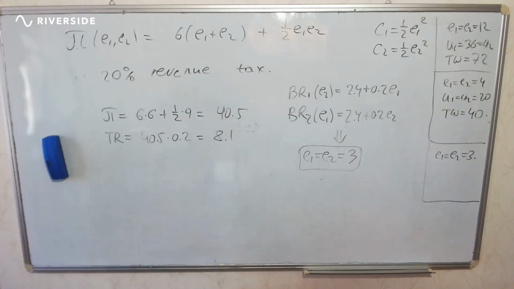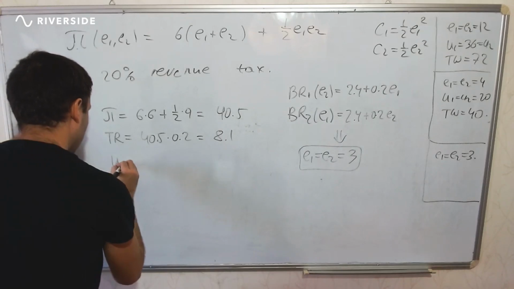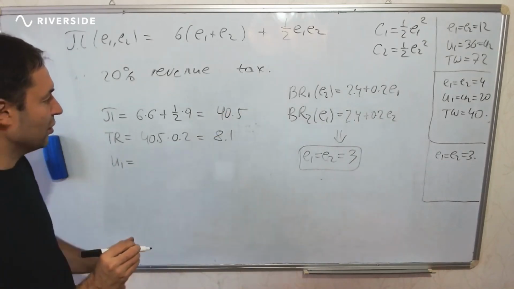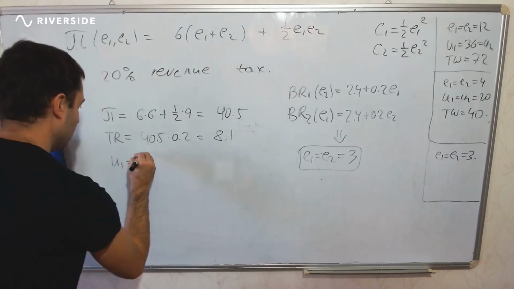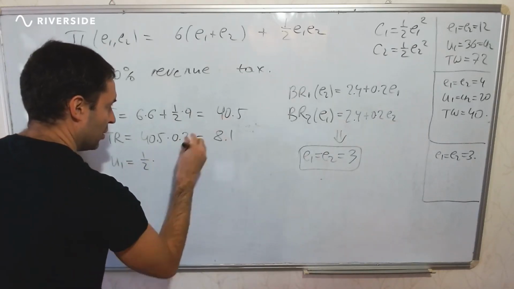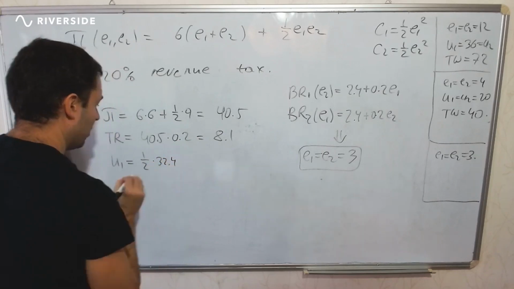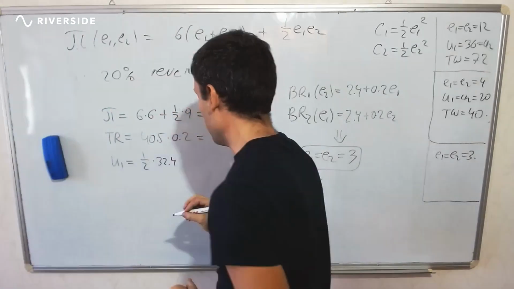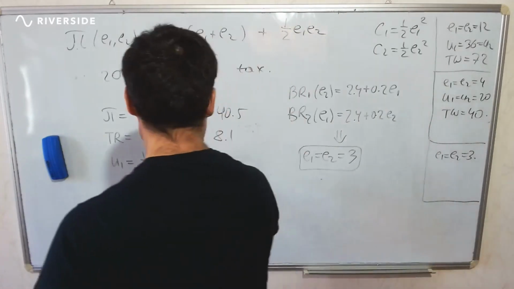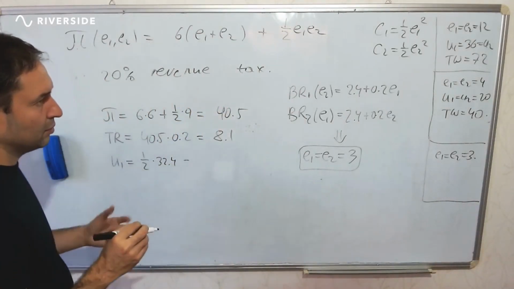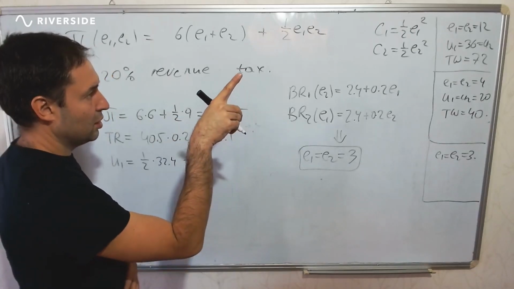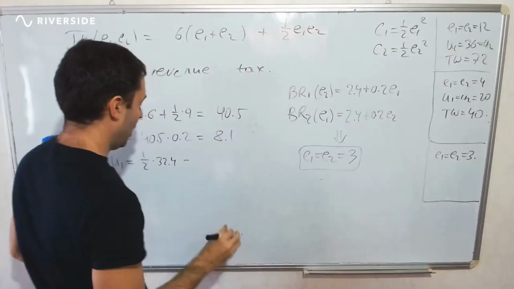That's correct. And then utility of agent 1 will be half of what's left, 32.4. So it's 1/2 of 32.4, what's left after tax, minus cost of effort, which will be 9.